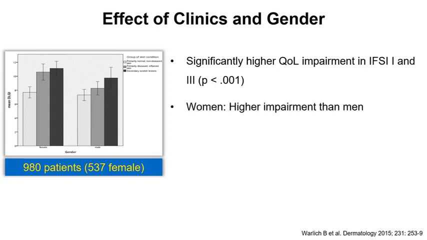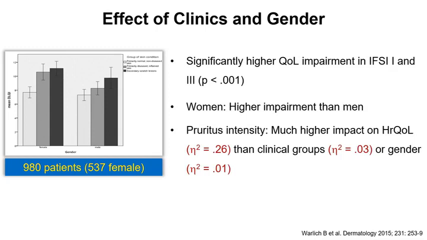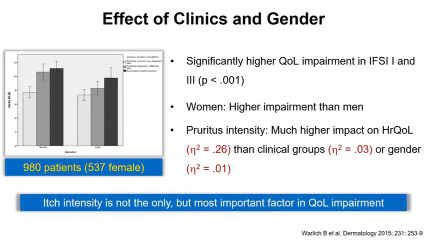Women are more impaired than men. But the pruritus intensity had a much higher impact on the quality of life than the clinical group or the gender. So this is really true: the higher the itch intensity, the more burdened the patient.